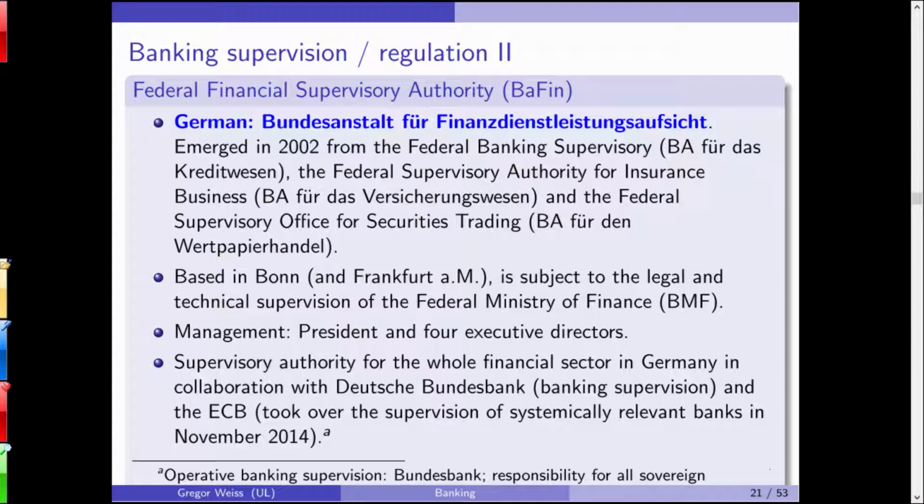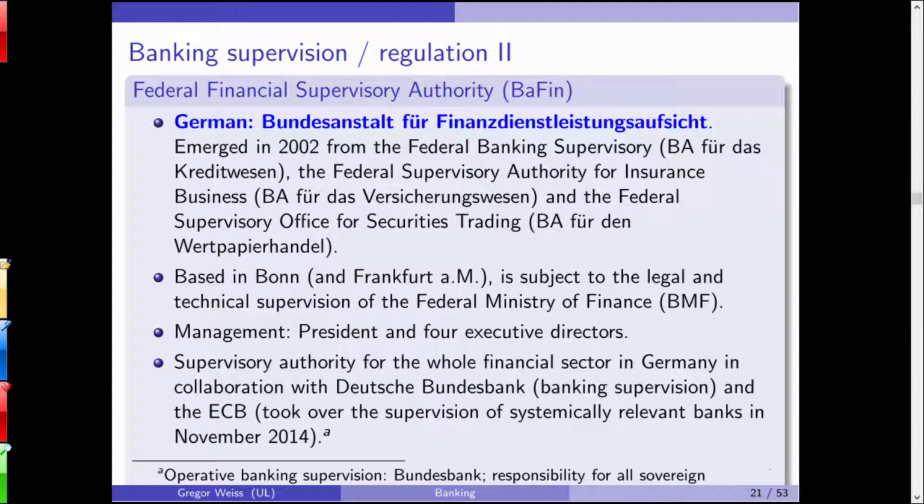It's based in Bonn. It also has a local office in Frankfurt, but only because all the banks are located in Frankfurt. And this is something important. It is subject to the legal and technical supervision of the Federal Ministry of Finance. Why is this so important? Because it's different to Deutsche Bundesbank. Deutsche Bundesbank, the central bank, is independent, an institution that is independent of the state and federal government.